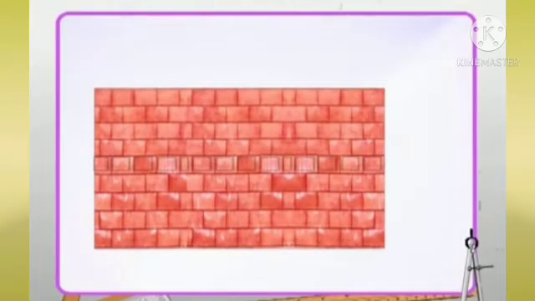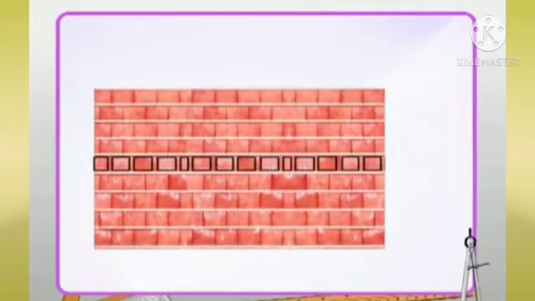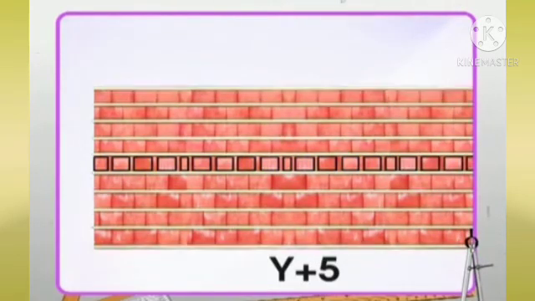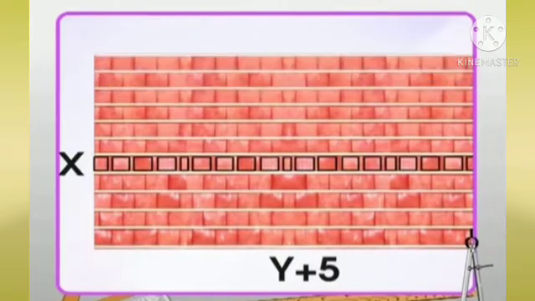Now, getting back to our wall. Just wondering, if the number of bricks in each row of one of the walls is y plus 5 and the number of rows is, say, x, then can we still multiply the two expressions to get the number of bricks? The answer is yes.